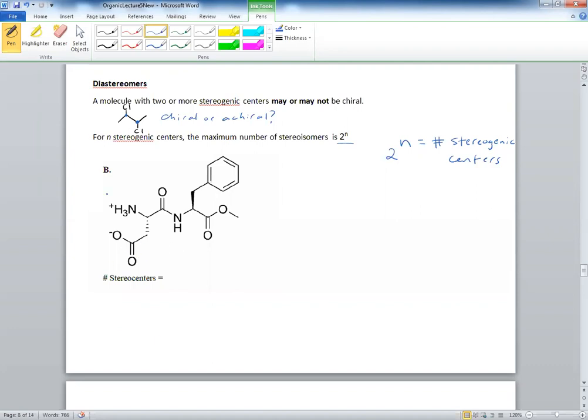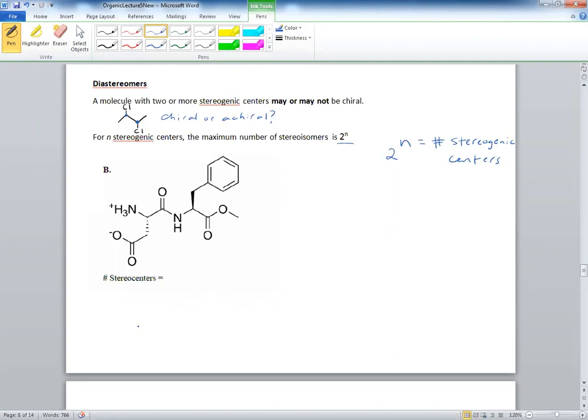Okay, let's look at this and determine how many stereogenic centers we have. Remember, stereogenic centers means 4 different groups. And the H's may not be shown, remember, in skeletal structures. So I'm going to use blue to show them. If you'd like to pause and try it and see if you have multiple, you may do so.